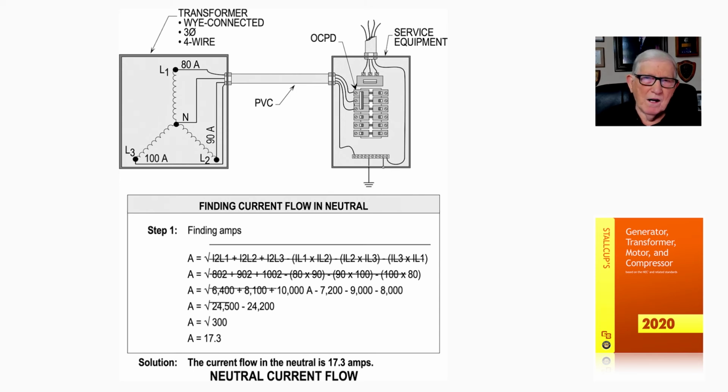Now this is why, until the 75 code, for a Y system, 122.08, those conductors that you see would be black, red, blue with a white neutral. Then it was a lot easier to balance neutral load. If you had a Y system, then it would be brown, orange, yellow, and they used a gray neutral.